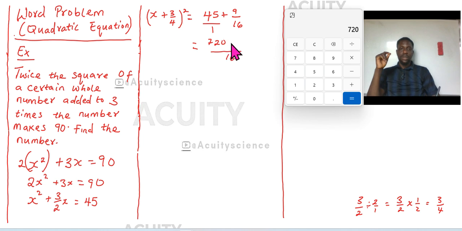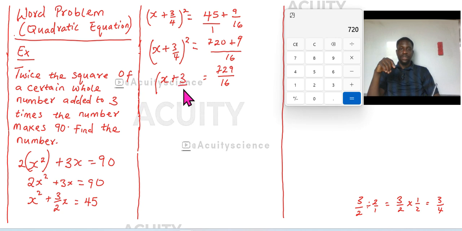Then there's a plus sign there. 16 divided by 16 is 1, times 9, I think that is 729 over 16. Okay, so I will just rewrite this: x plus 3 over 4 all squared equals 729 over 16.